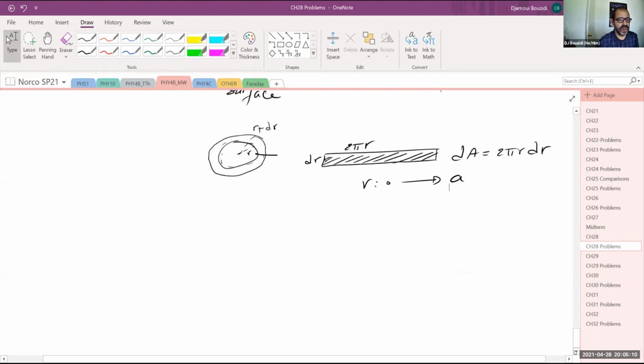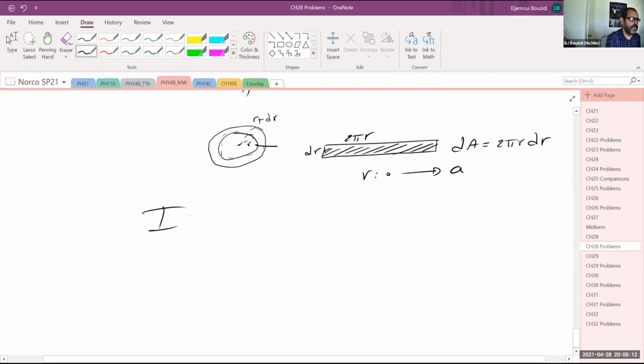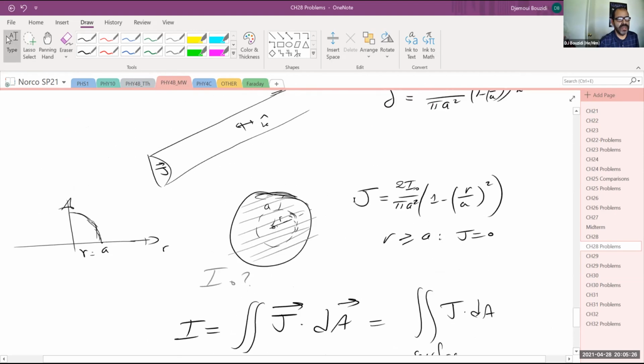So if we do that, the total current will be equal to the integral from 0 to a of J times this area, and this area is 2 pi r dr. And now we have the value of the current density, which is this constant 2I naught over pi a squared times this quadratic function in r.